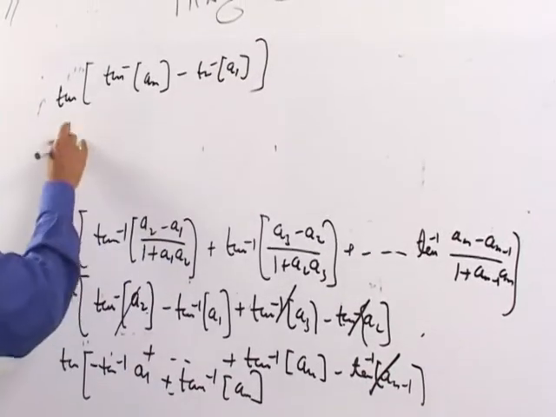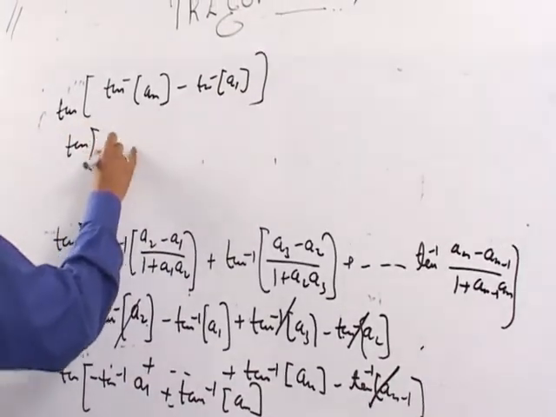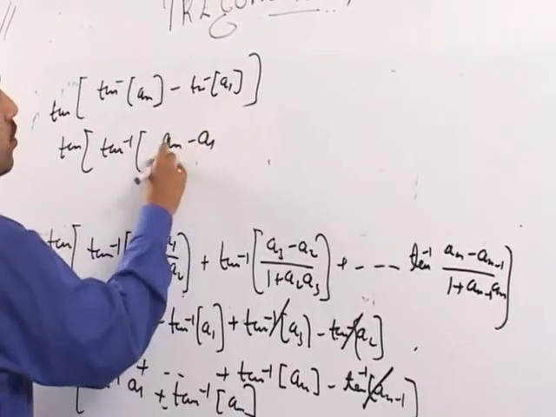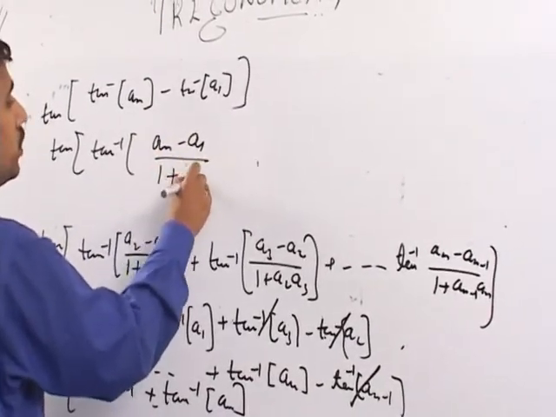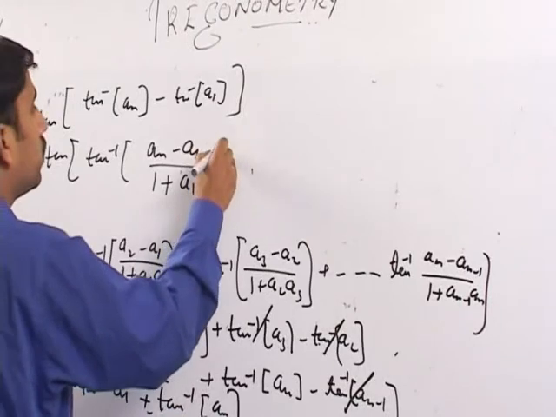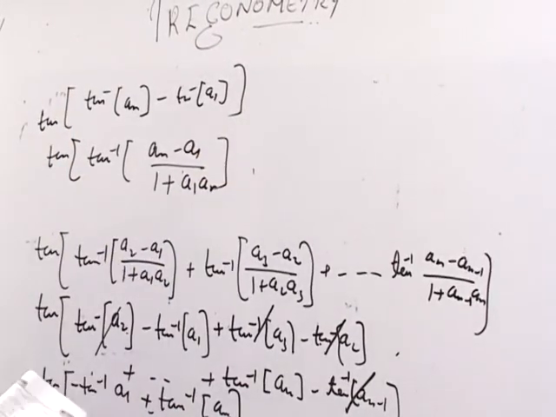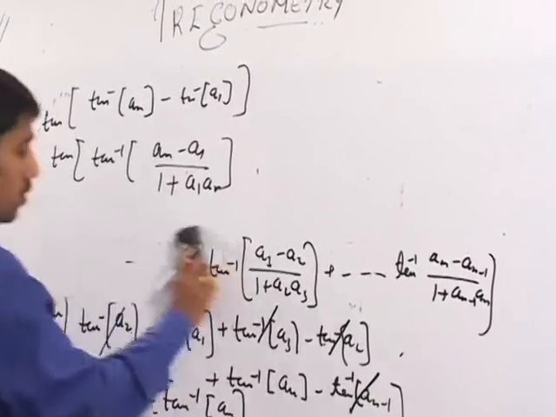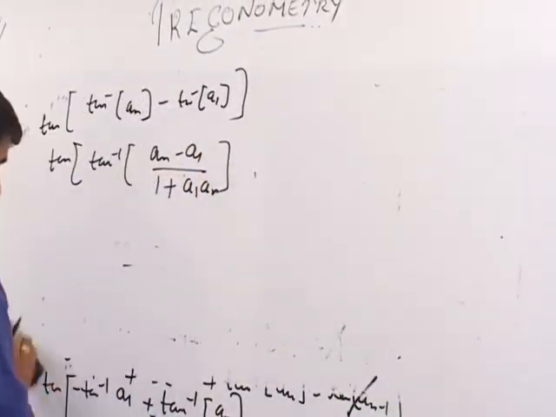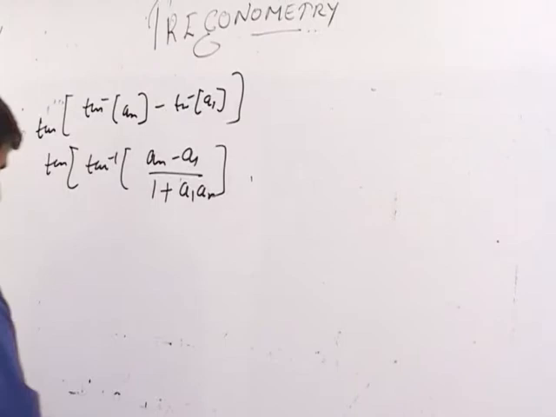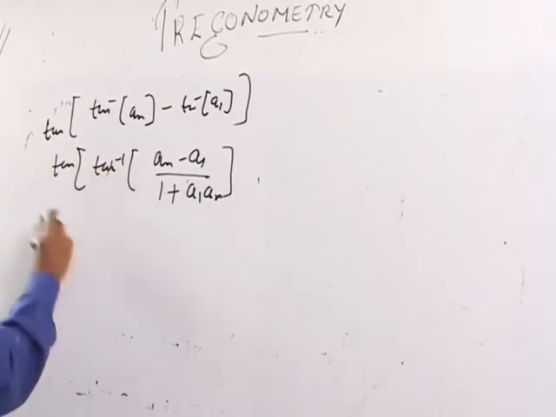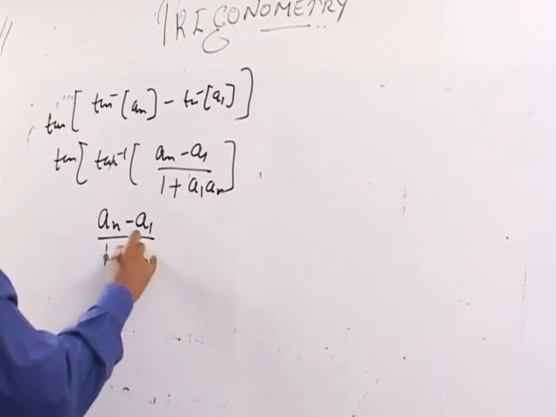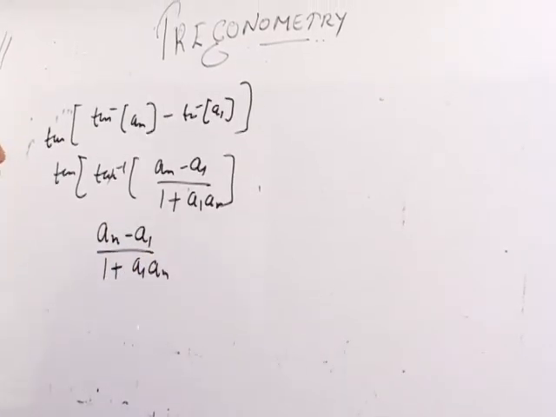Now this will be equal to tan of tan inverse of (an minus a1) over (1 plus a1 into an). Again, tan will be cancelled out and we are left with (an minus a1) over (1 plus a1 into an).